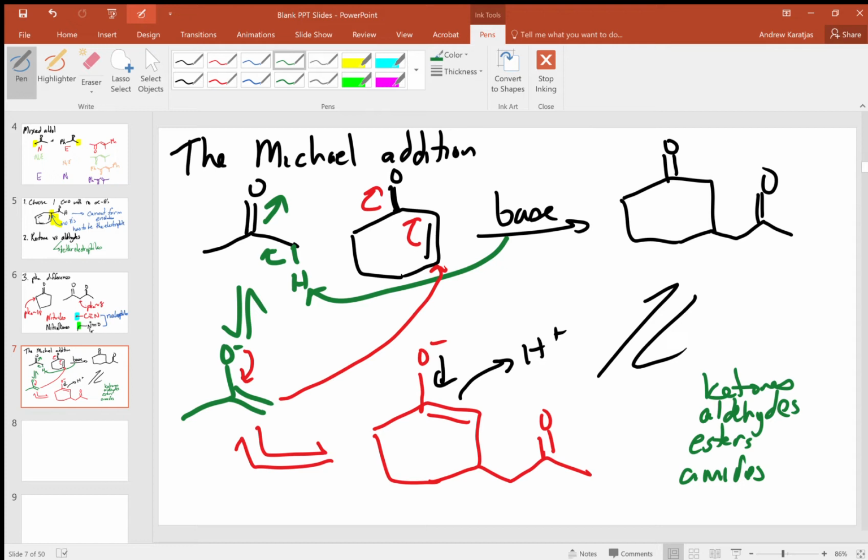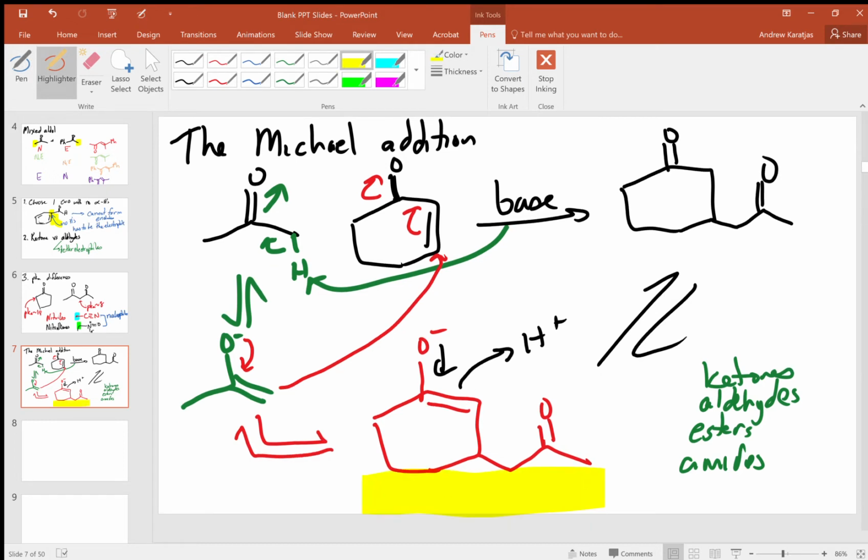Now, one thing I want to point out is that you may have noticed in this intermediate that we have an enolate present, and we also have a carbonyl present. And so that means now within the same molecule, we potentially have another nucleophile-electrophile pair.